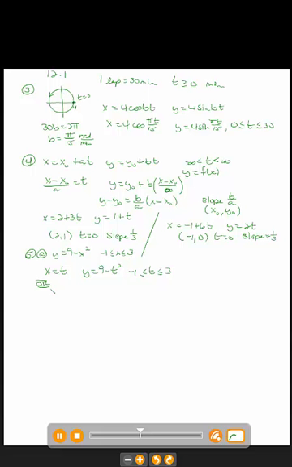I could adjust this or anything I want. Again, it's not unique. I could make this as x equals 1 minus t, which means that y would be 9 minus (1 minus t) squared. And now if that's the case, instead of going from -1 to 3, it'd be moving from -2 to 2, because it's been shifted over 1.